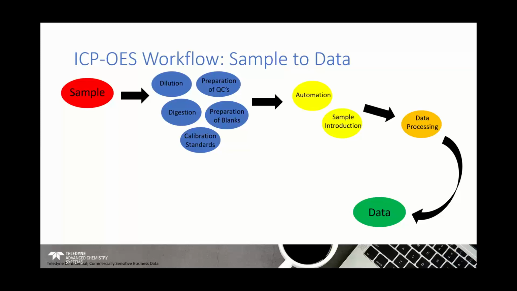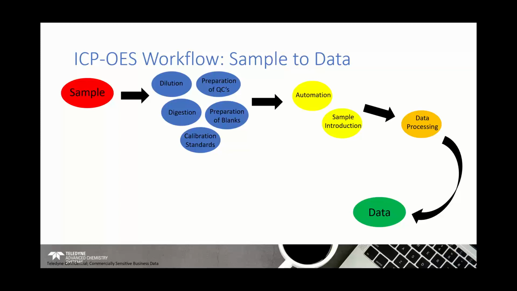It might not be. We might end up with raw data that needs processing, so the analyst, the operator might need to take that data, process it in some sort of software package like Excel or similar, and then arrive at the final data. So we have data out of this analytical process. If everything has progressed as we want it to, that will be the end point, but it might not be.